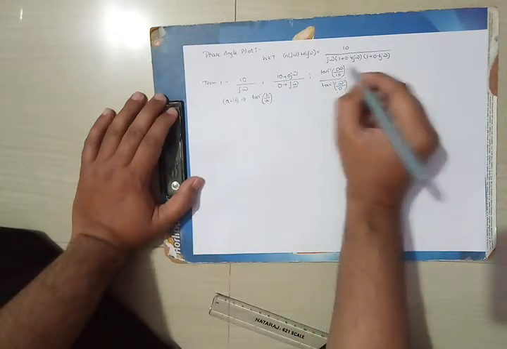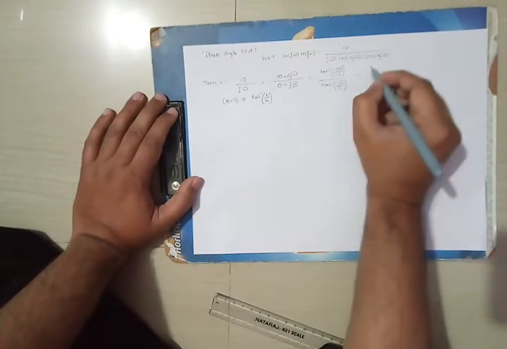So we get tan inverse of 0 by anything, and 0 by anything is 0. Tan inverse of 0 divided by tan inverse of infinity, since anything divided by 0 is infinity. Tan inverse of 0 is 0 degrees, divided by tan inverse of infinity, which is always 90 degrees.